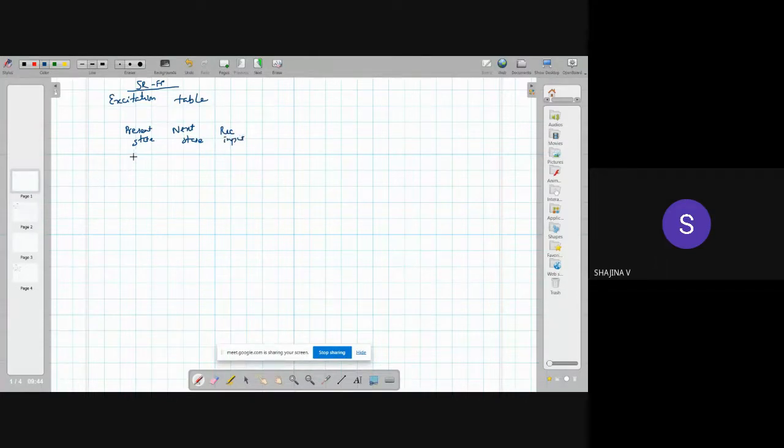That is, here we can represent present state as Qn, next state Qn plus 1, and required inputs S and R. Present state, next state.